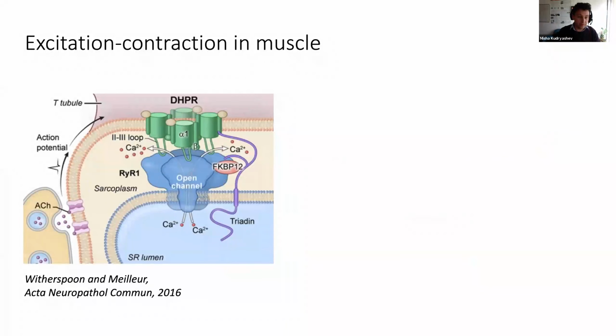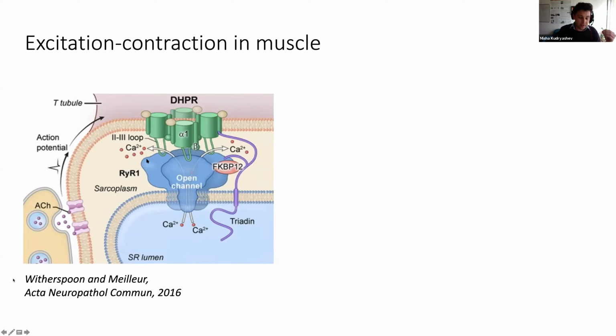So the biological process is excitation-contraction coupling during muscle contraction. When a signal comes from a motor neuron to the muscle cell, it generates an action potential over here, which then goes into an invagination of the muscle cell, called the T-tubule, where it activates voltage-gated calcium channels, also known as DHP receptors, and then calcium flows into the cell.